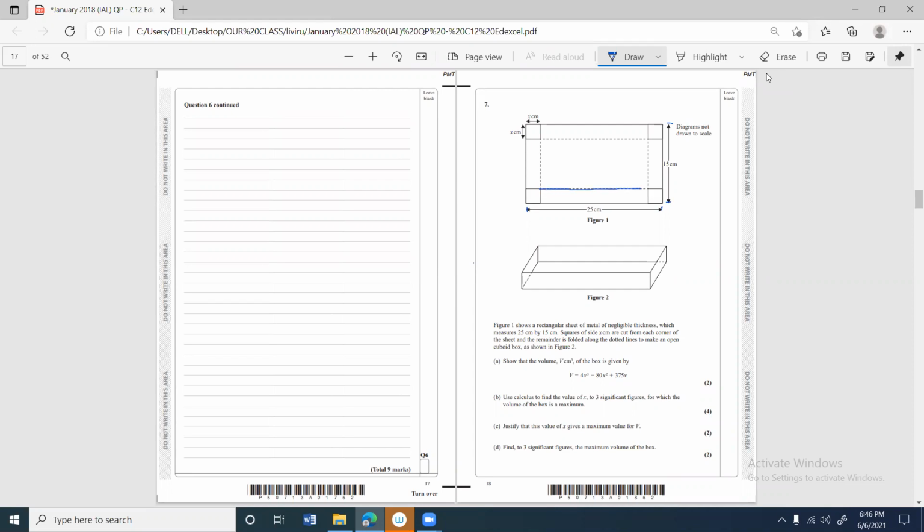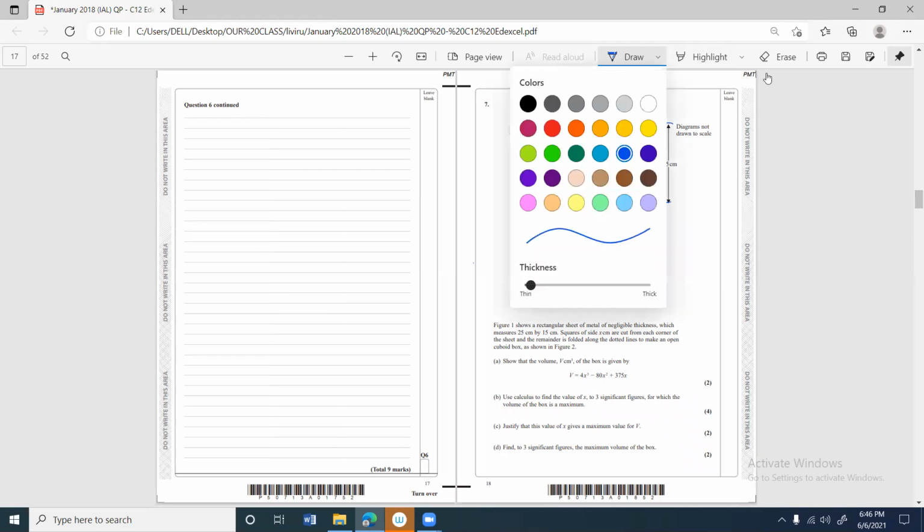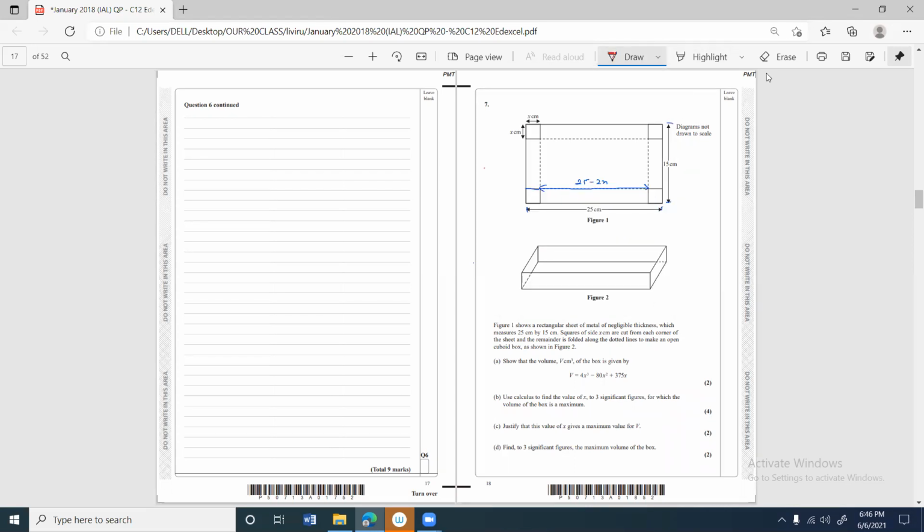If I refer to this length, the total length is 25, therefore this length is 25 minus 2x, with one x removed from each end. And this height, from here to here, should be 15 minus 2x. Keep this in mind and we'll try to understand this question.